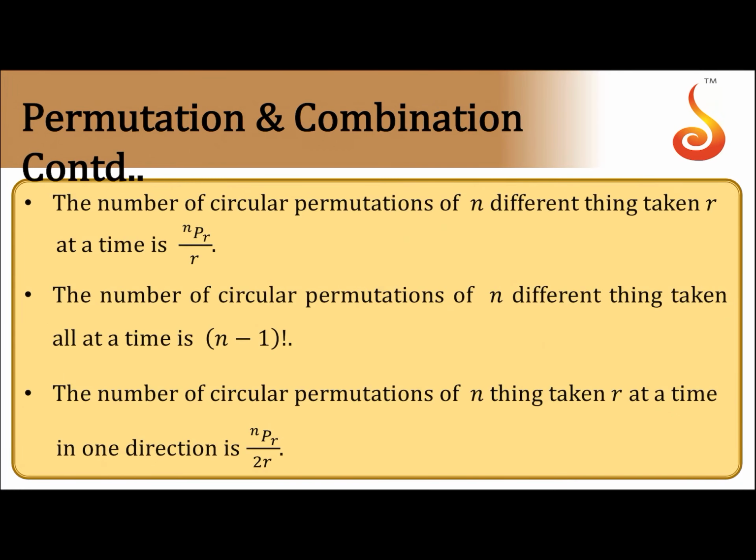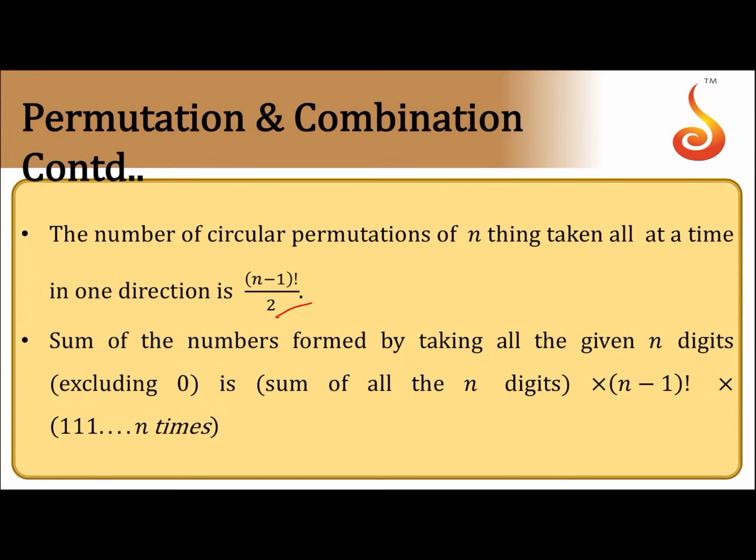Coming to the number of circular permutations. The circular permutations of n distinct objects taken r at a time is nPr by r, and taken all at a time it is n minus 1 factorial. Taken r at a time when in one direction is given by nPr by 2r, and taken all at a time in one direction is given by n minus 1 factorial by 2.